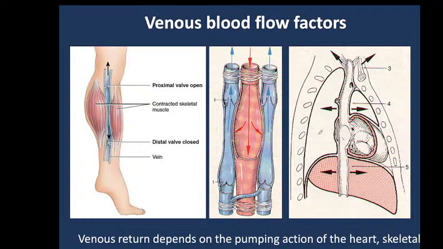It makes the pressure inside the thoracic cavity less than atmospheric pressure, and during inhaling it helps the blood transport in the veins. It works like a pump, sometimes like a vacuum pump. So, three factors of venous blood flow.